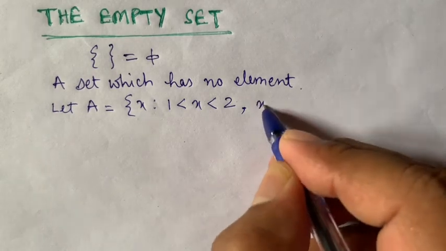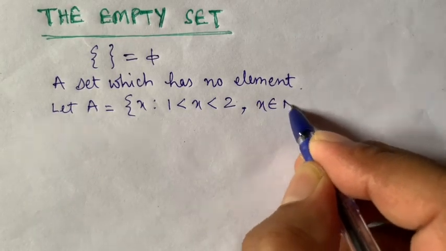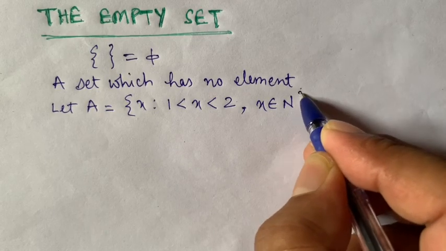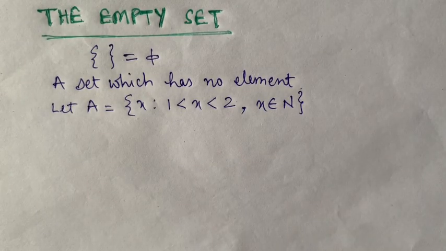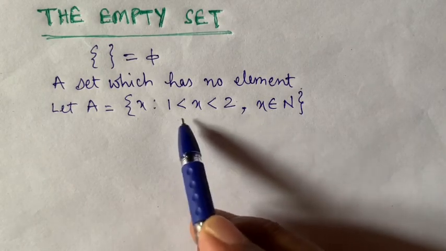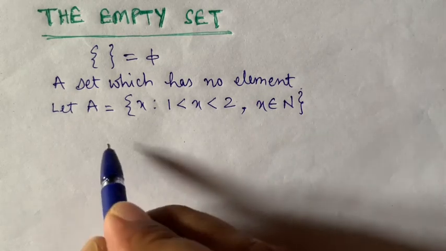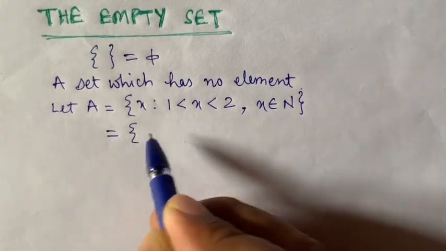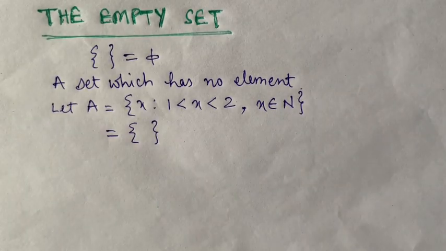Then we put a constraint on x that it should belong to N, the group of natural numbers, that means 1, 2, 3, 4, 5. Now we can easily decide that there is no natural number lying between 1 and 2, so we won't be able to write any element for it.